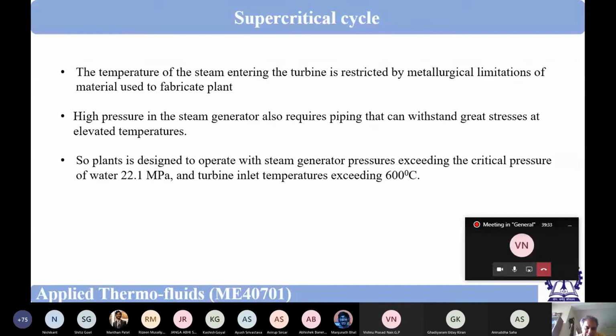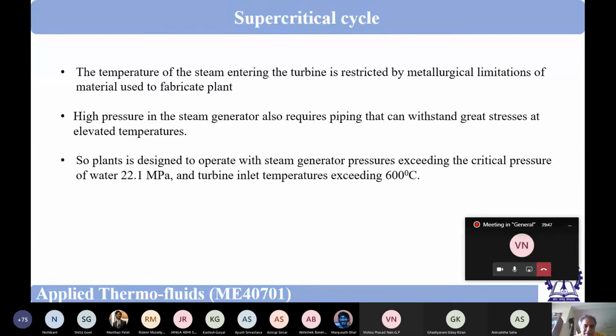And another thing, let me give it as a point of thinking to all of you. I have told that we are using some 10 to 12 feed water heaters in a big power plant.